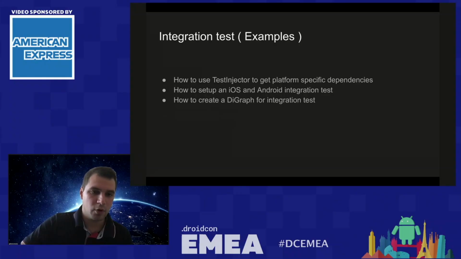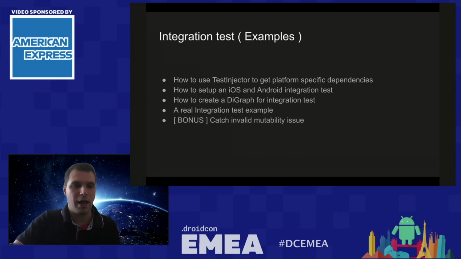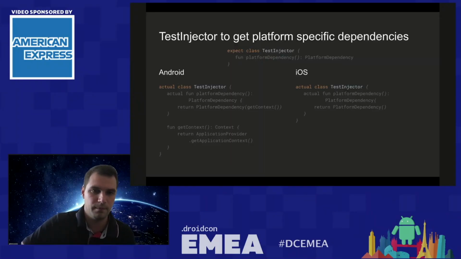We will spend some words on how to create a DI graph that is good for integration test purposes. Then we will see a real example of a test. And at the end, we will see how those tests help us catch an invalid mutability exception, for example.